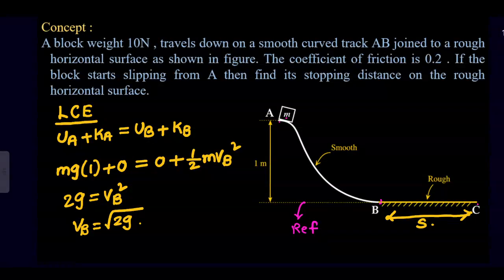Now for the B to C motion, what can I do? The initial velocity is Vb, which is the square root of 2g. The final velocity, the velocity at C, is 0. And the acceleration is minus mu g.